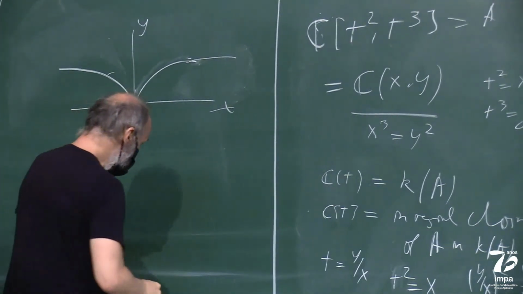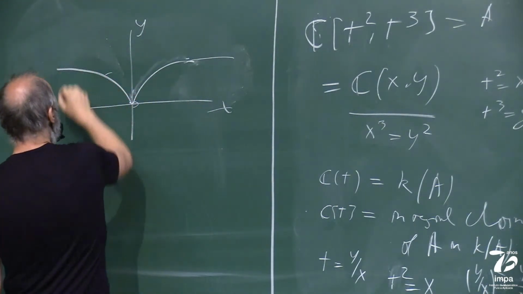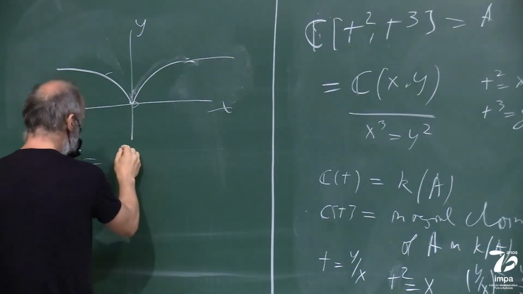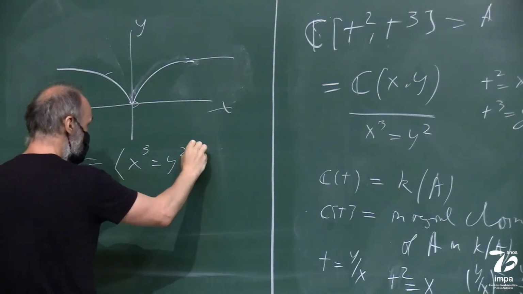And then you have, let's call this C. C is a curve defined by x cubed equals y squared.